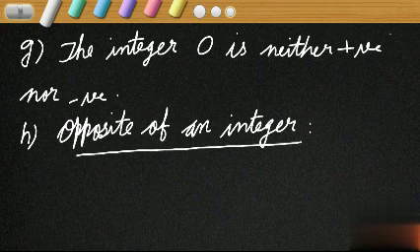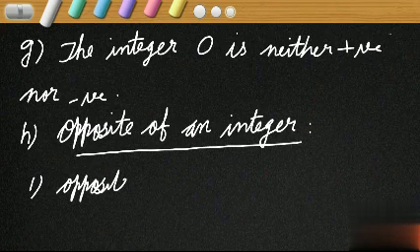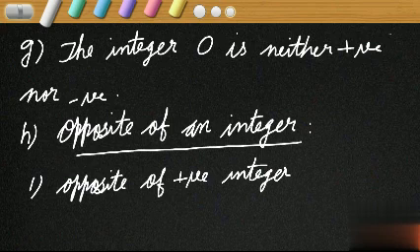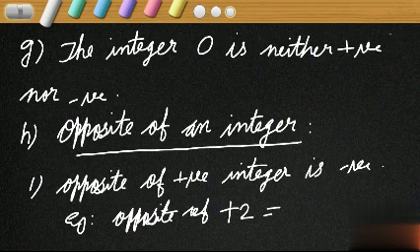Opposite of an integer. In that first one, opposite of a positive integer is a negative integer. Opposite of a positive integer is negative. Example, opposite of +2 is equal to -2, isn't it?